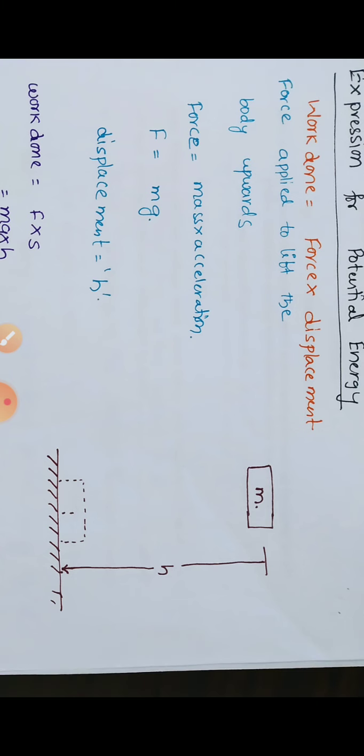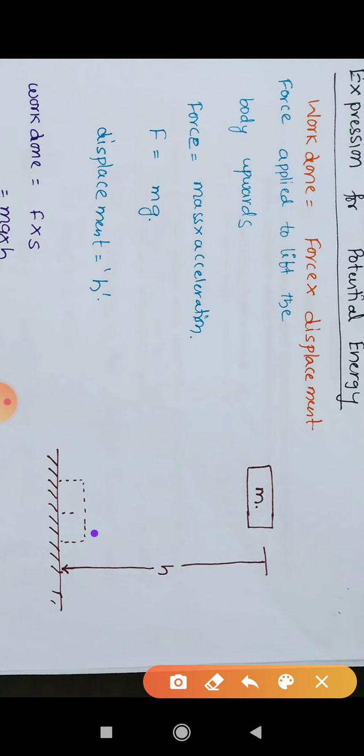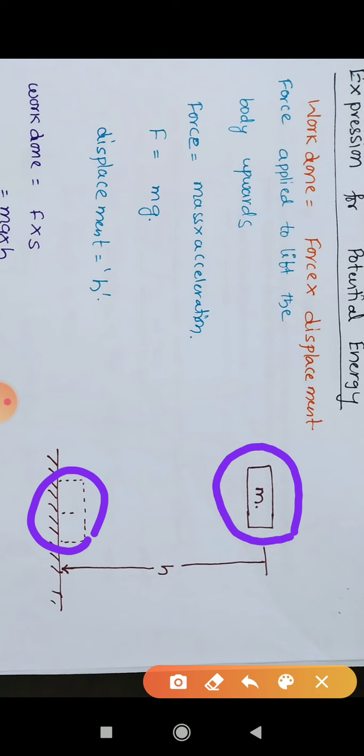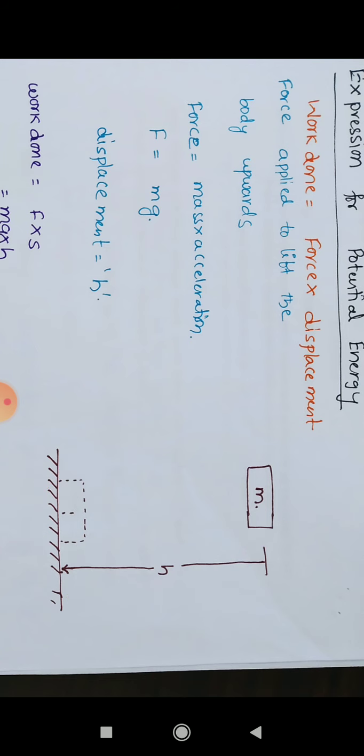Let us say a body of mass m is on the ground. Now it is taken to a certain height h, right? So here we have lifted an object from ground to height h, right? We take this example and derive the formula for potential energy.